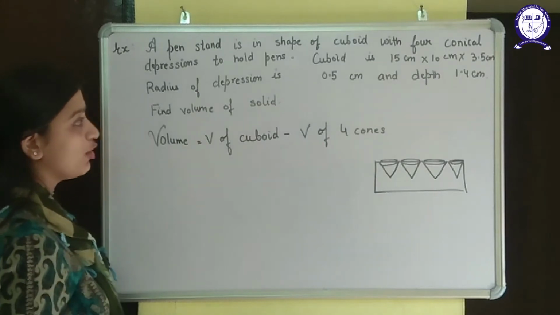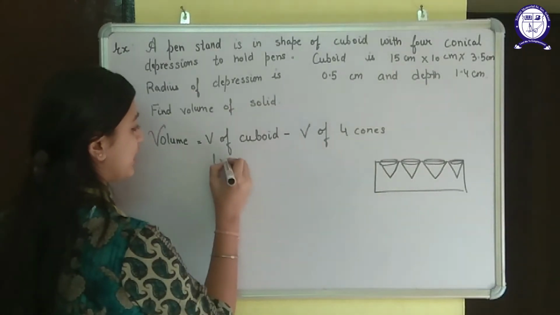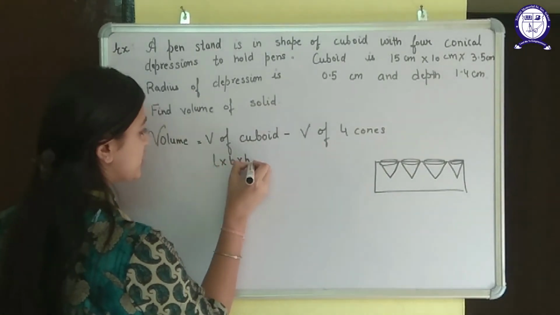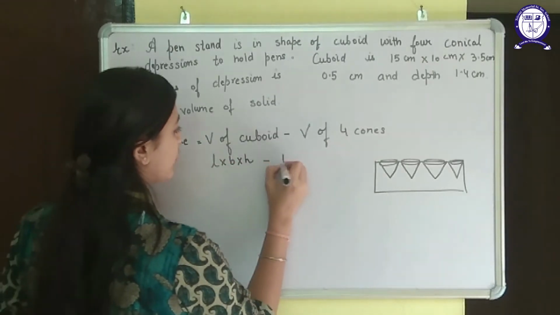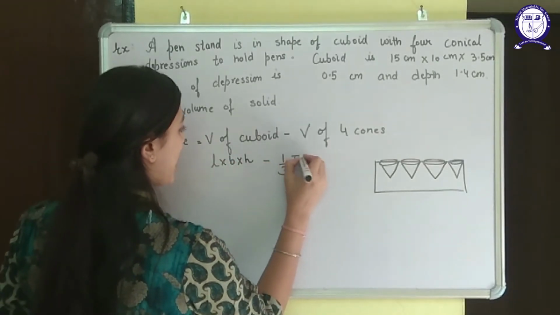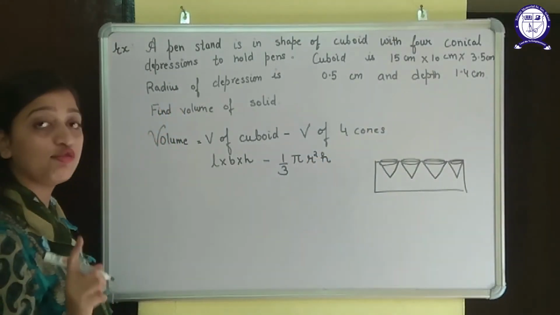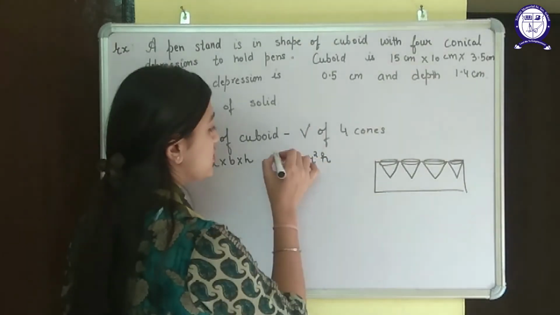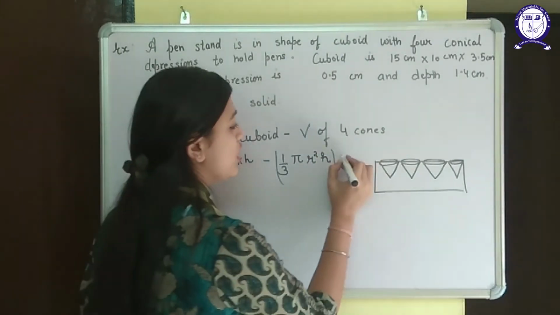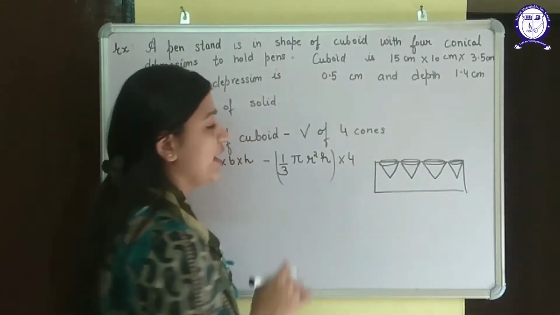Now what is the volume of cuboid? It is L into B into H. And this is 1 upon 3 pi r square h, and since there are 4 cones, so this is the volume of 1 cone, so we will multiply it by 4.